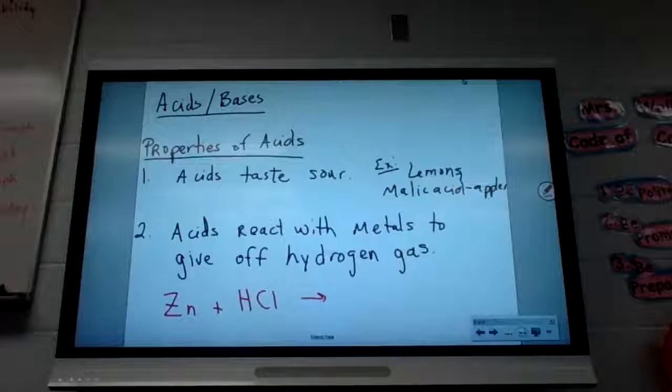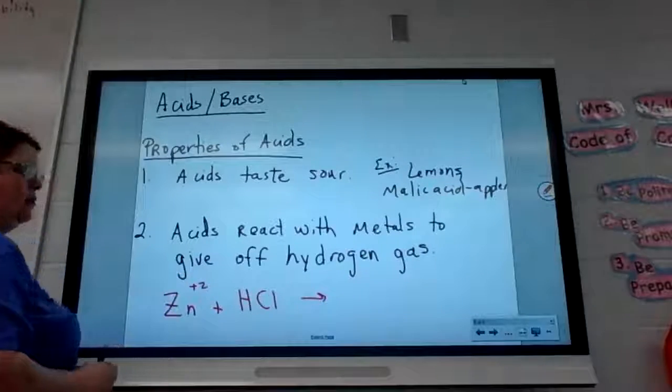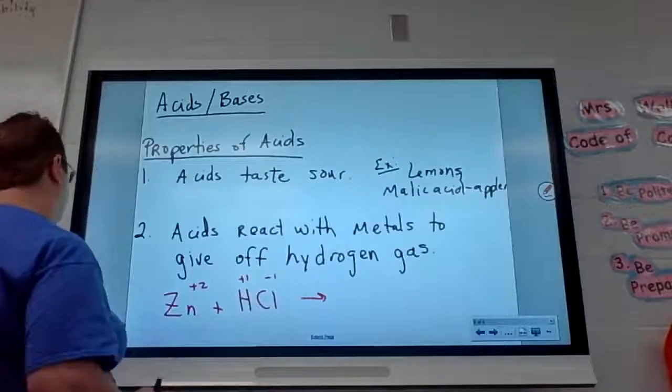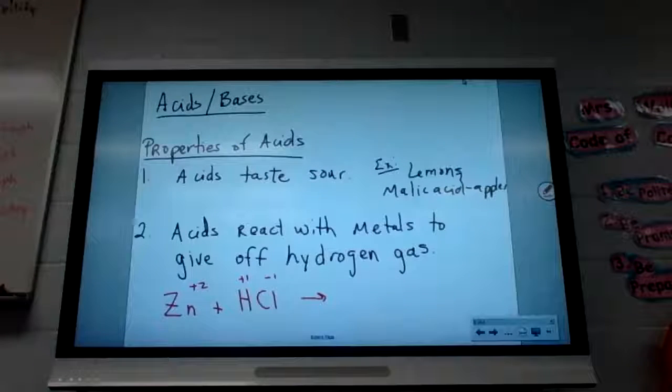So zinc is a typical metal. We've used it many times. If we add it to HCl, this would be what kind of reaction? Single displacement. Okay. So if we single displace that, zinc has a +2. It's one of the transition metals we're supposed to know. Hydrogen has a +1 and chlorine has a -1. It doesn't matter that it's an acid. What two elements would switch?